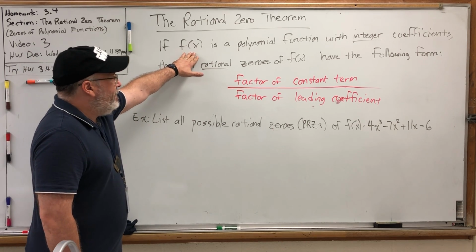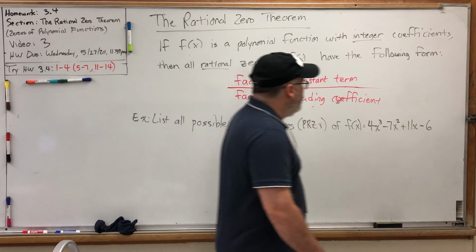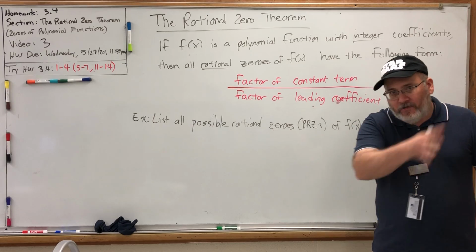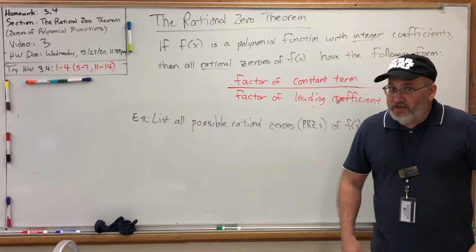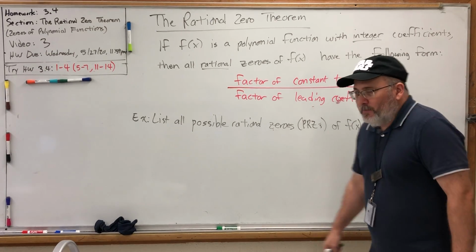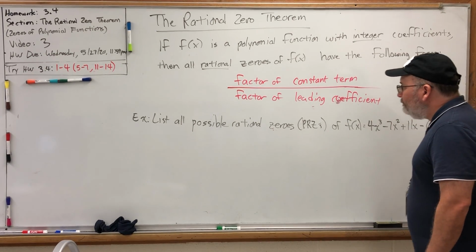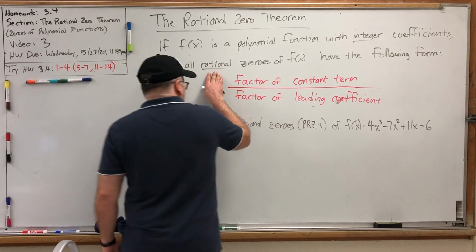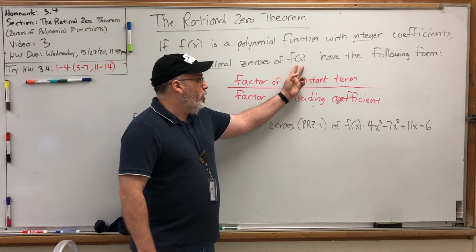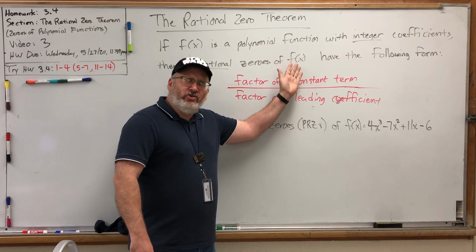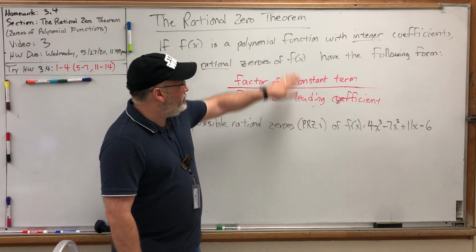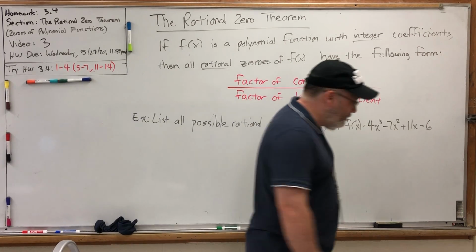And here's the rational zero theorem. If f of x is a polynomial function with integer coefficients, meaning the numbers in front of the x's can only be positive and negative whole numbers, no fractions, no irrationals, no imaginary numbers, then all rational zeros of f of x, so all integers or fractions that make the function equal to 0, all rational zeros of f of x have the following form.